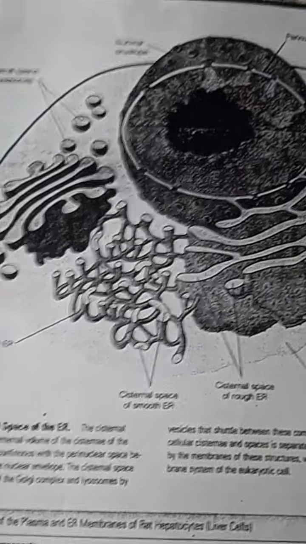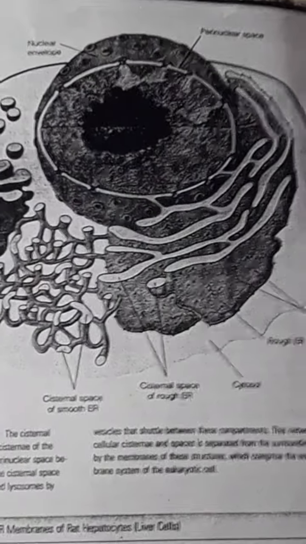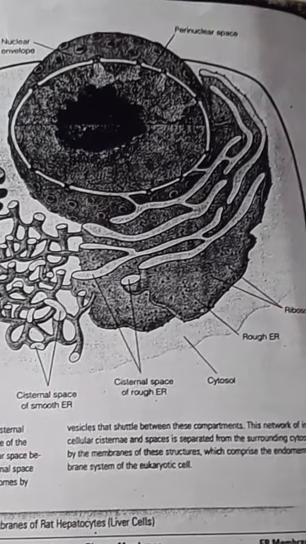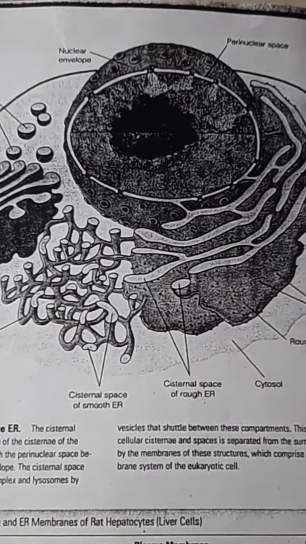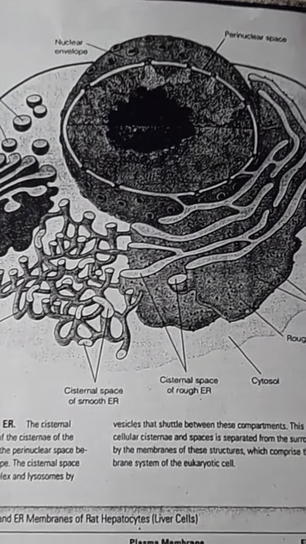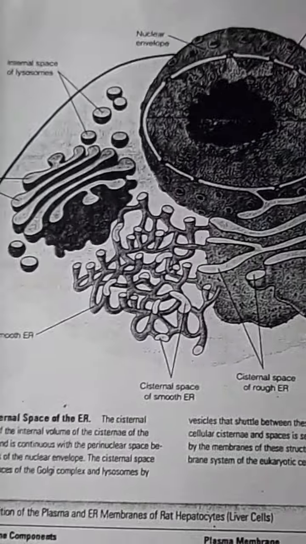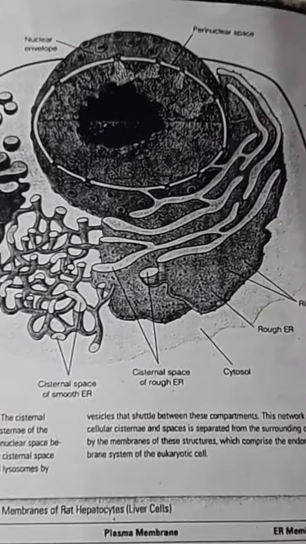Moreover, the protein to lipid ratio is higher in endoplasmic reticulum, about 2.3 to 1, whereas in the plasma membrane it is 1.5 to 1. The lipid composition is also different. Higher content of phosphoglycerides, and lower levels of cholesterol, sphingomyelin, and glycolipids are characteristic features of endoplasmic reticulum.